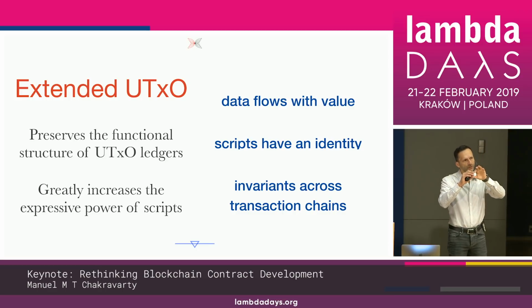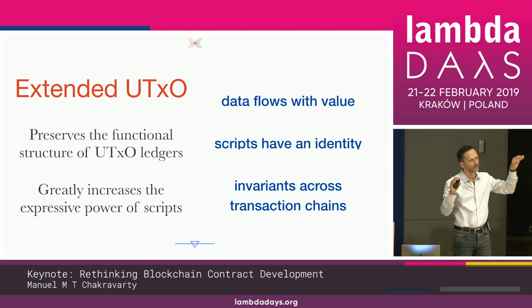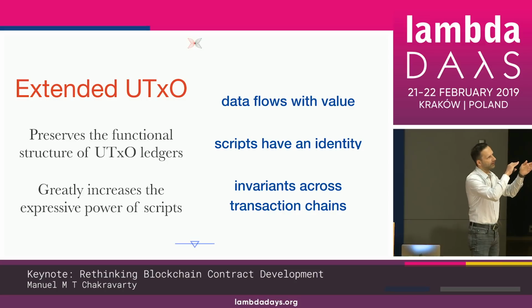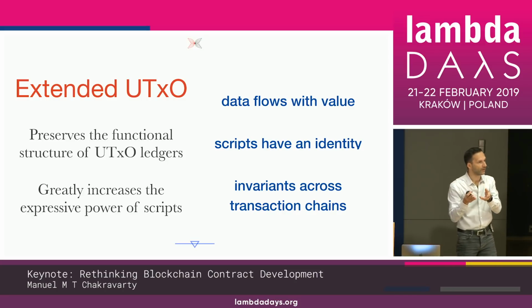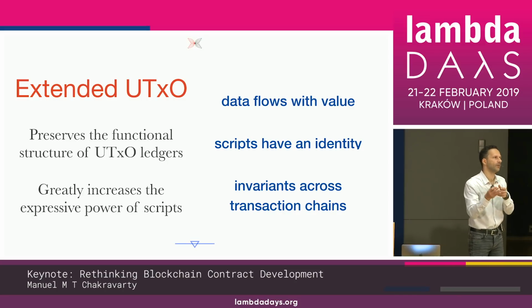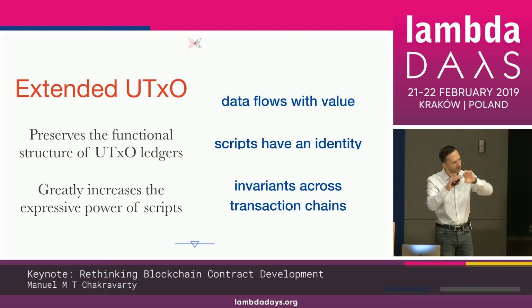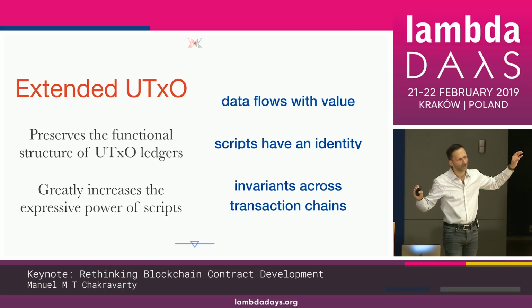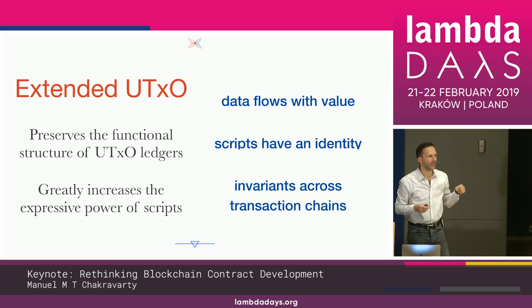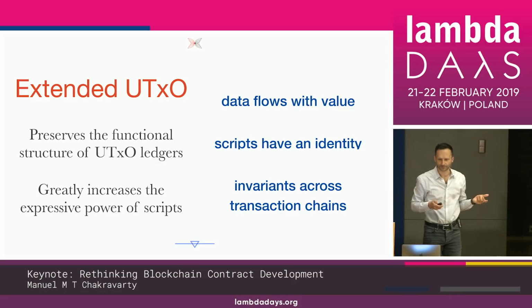So now we can use that to assert invariance properties for validation which span multiple transactions, so in transaction chains. That allows us to lock funds, for example, say these funds can only be used in the future under this scheme if X, Y happens. So it's not just a local decision, it becomes a global decision. We can encode all these things, and that makes it much more expressive.